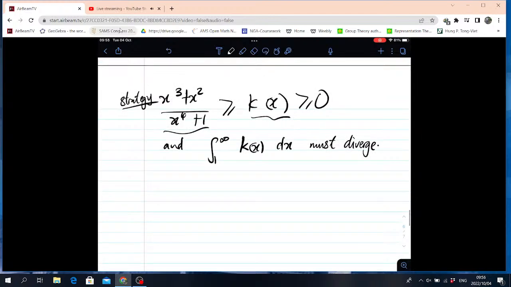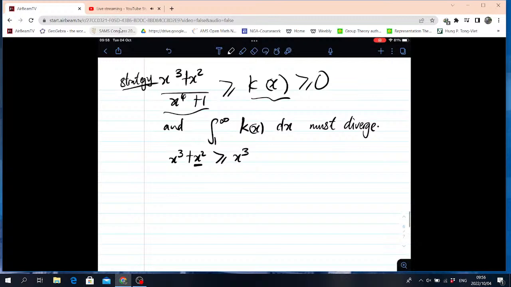So how do we do that? If we look at the numerator, we can see that it's x cubed plus x squared, which we know is going to be greater than x cubed, right? This value is always non-negative, so if we add it to x cubed, it's going to be greater or equal to x cubed, right?